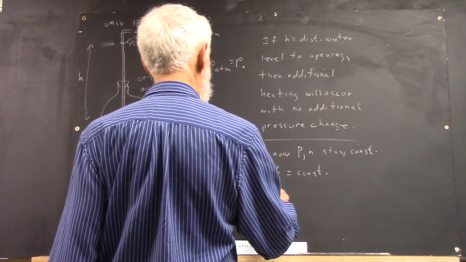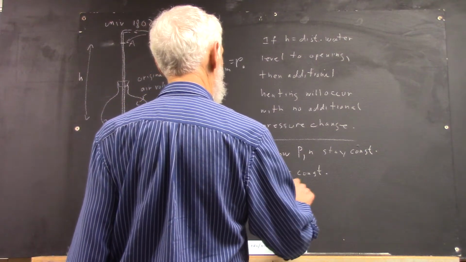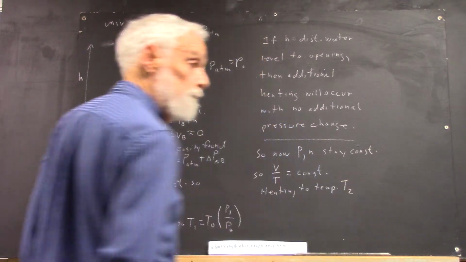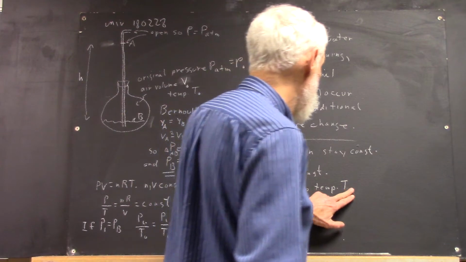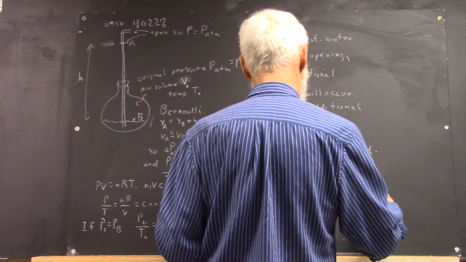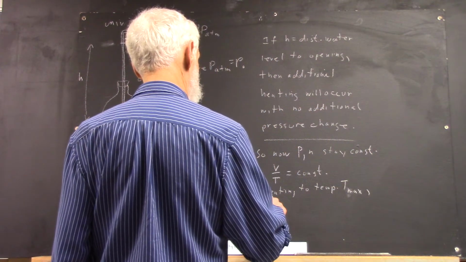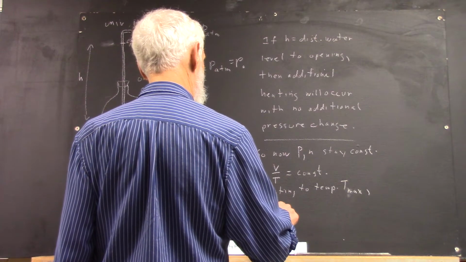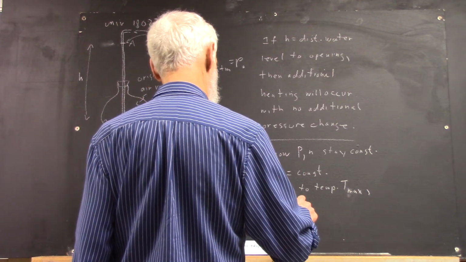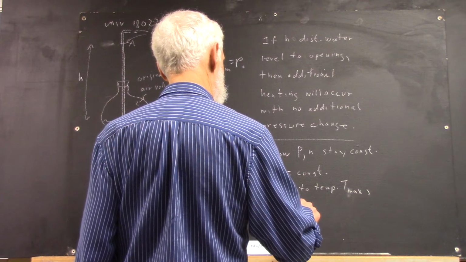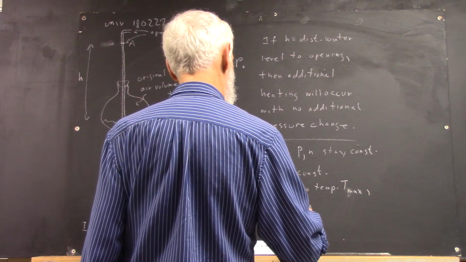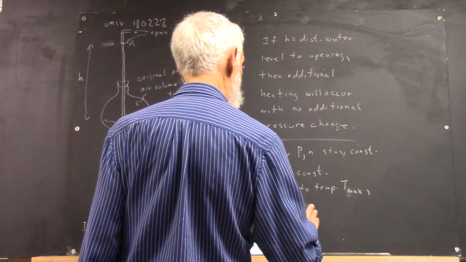So if we're heating to temperature T2, let's just call that T max because that's as hot as we're going to let it get. V max over T max equals... and I really can't call that V max.